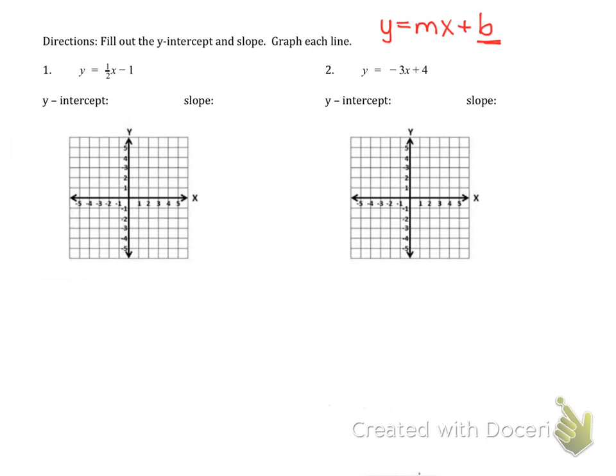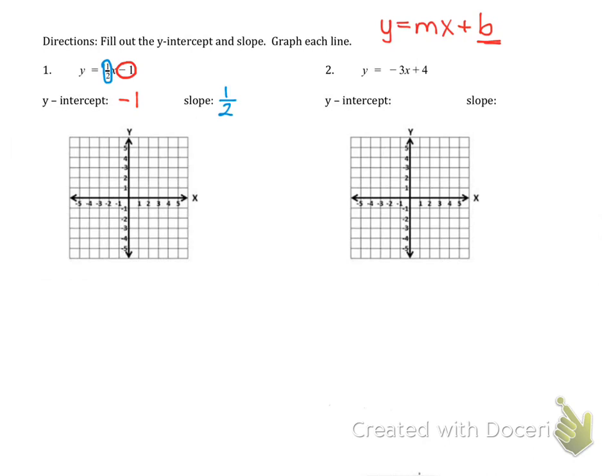For our first equation, y equals 1/2 x minus 1, our y-intercept is going to be this -1. I'm including the sign in front of the number. And the slope is the number in front of the x, which is 1/2.